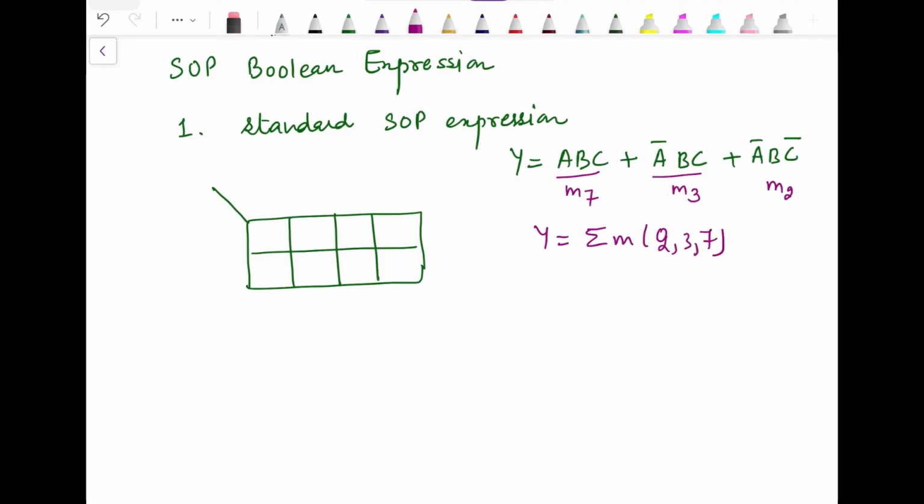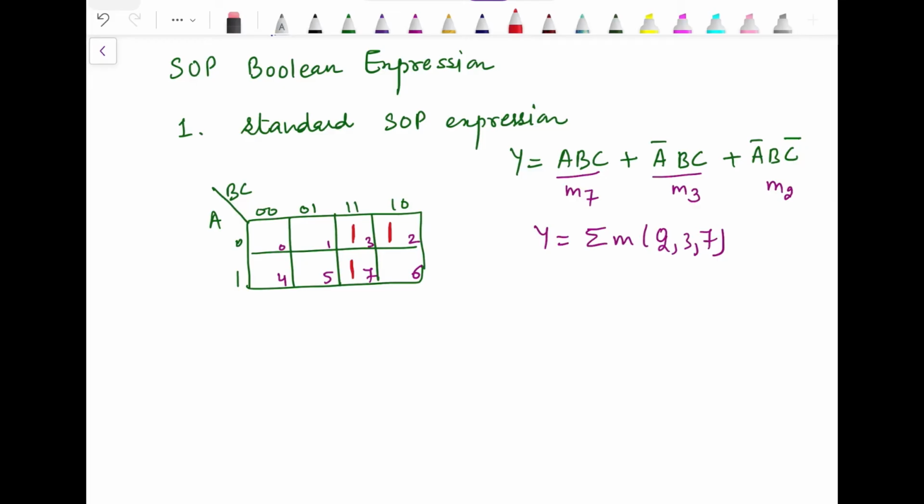So in K-map, what we need to write on this side is A, B, C: 00, 01, 11, 10, and 0, 1. In this expression, minterms 2, 3, 7 are given, which means we need to write 1 in cells 2, 3 and 7.